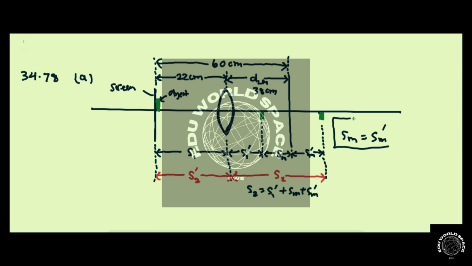But we know for a plane mirror that SM is equal to SM prime. So then S2 is equal to S1 prime plus 2SM. And let's just save this result. So when the light is coming back from being reflected from the mirror, the object distance is S2, which is given by this equation here.